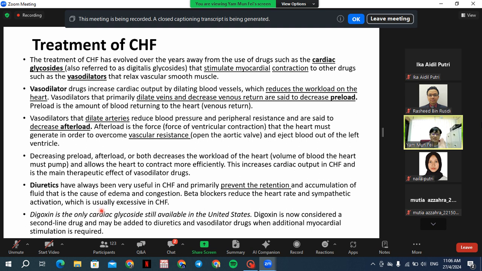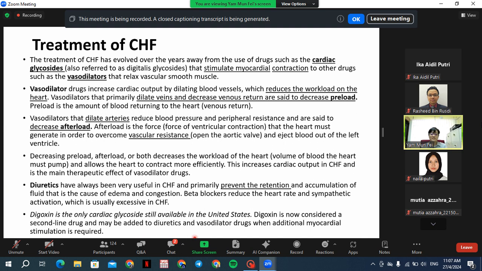So far, the concept to treat CHF, chronic heart failure, is that you need to select cardiac glycoside, vasodilator, and diuretic, three types of drugs. For cardiac glycoside, so far only one type is still available in our market. We call it digoxin.